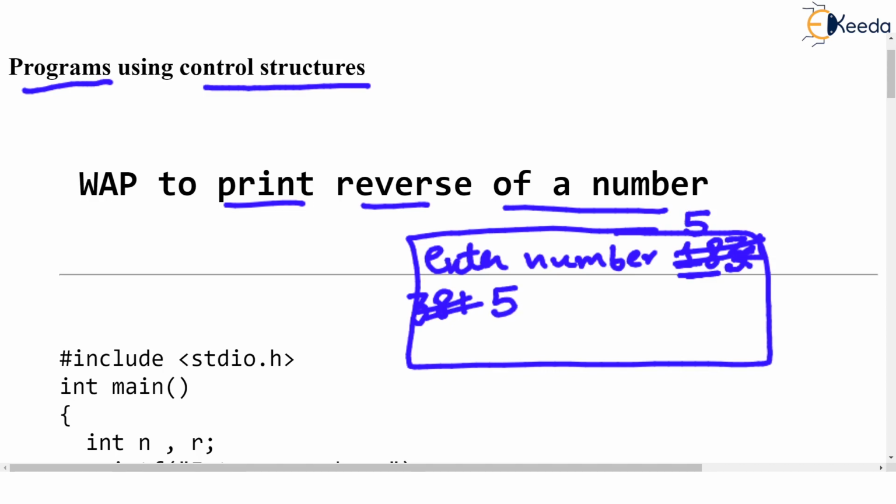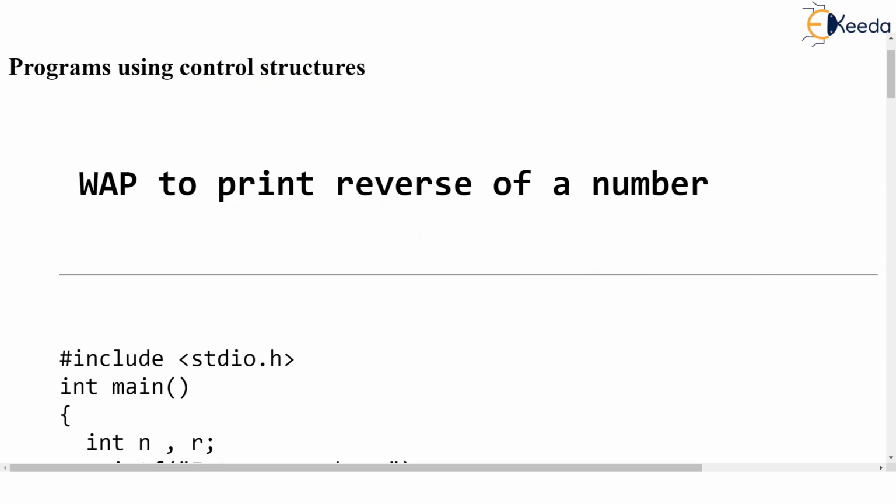So what is the logic? What is the idea behind printing reverse of a number? Just see, if the number is n and the number entered, let's say, is 128 by the user. Now, the problem is we want to print 8 first. What if we apply a formula like this? R, which is another variable, is equal to n%10.